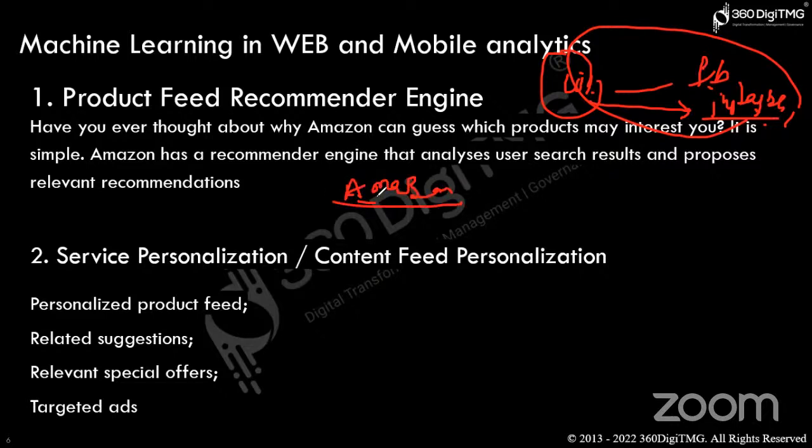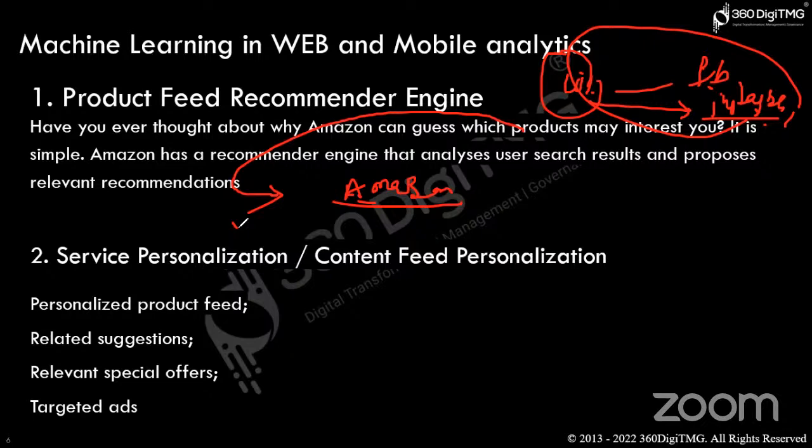Let's say you are going through some searches, you are liking something, the same thing will start being recommended in the Amazon app as well. If you are going through videos of different cats and dogs, nowadays the whole social media is about cats and dogs.